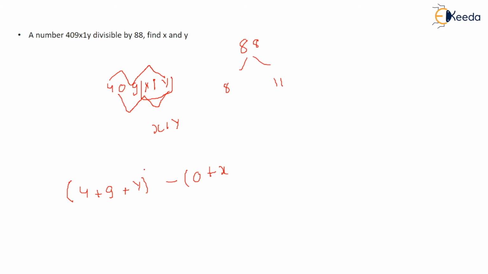Sorry, this one comes out to be 1. Okay, so after doing this, this comes out to be 14, minus 0 plus x plus y. Okay, so you know that this difference needs to be either 0 or 11, so it can be either 0 or 11.